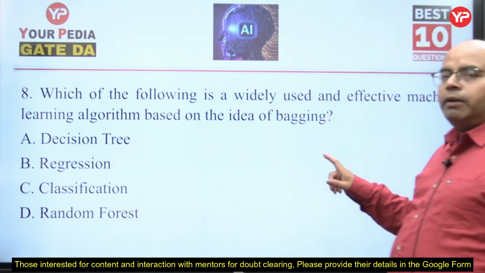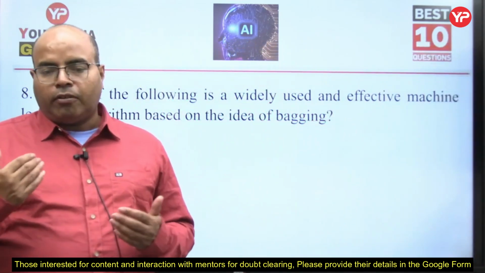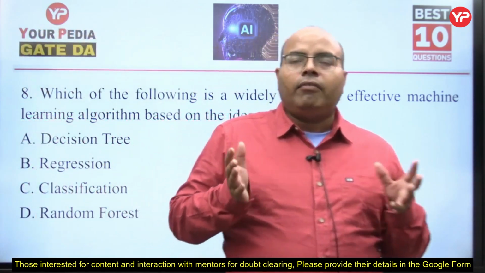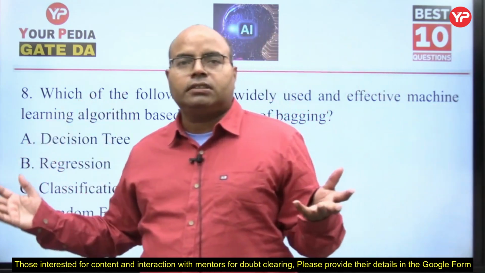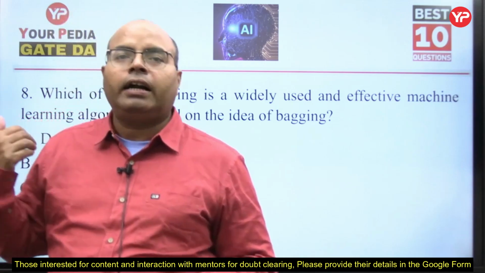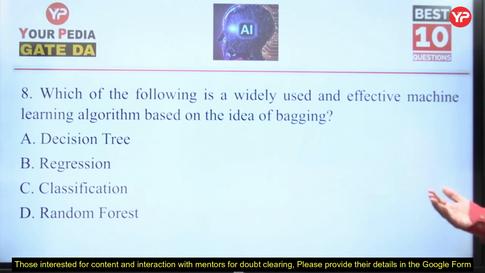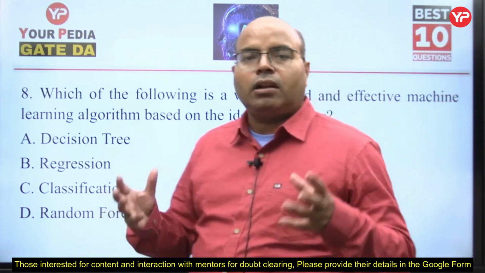That is bootstrap aggregating. What we do in random forest or in bagging, what we exactly do, we have an ensemble of a collection of different decision trees. They give their decisions, and there may be other learning methods also. So basically many methods we collect and take decision on that basis.